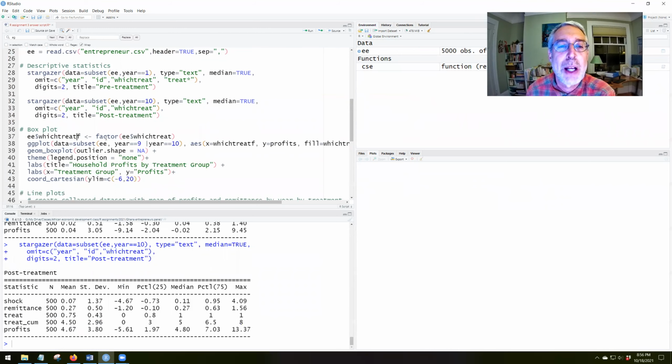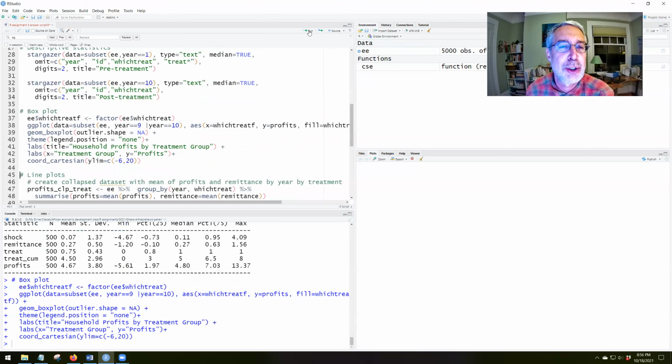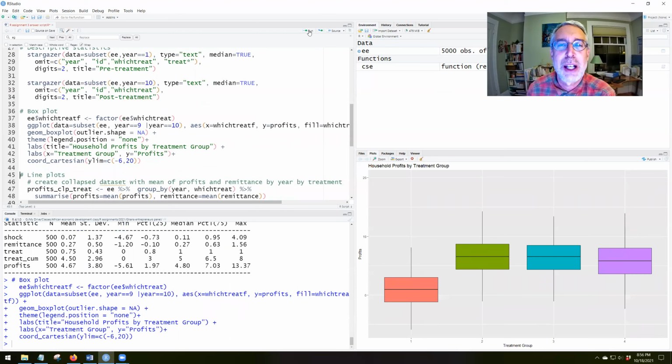So we then want to look at the distribution of profits in the last 2 periods, years 9 and 10. So we subset the data to be years 9 and 10. But first we turn the which treat group to a factor variable. And remember, which treat had 4 categories. 1 meant you weren't treated, 2 meant you were treated early, 3 meant you were treated later, and 4 meant you were treated latest.